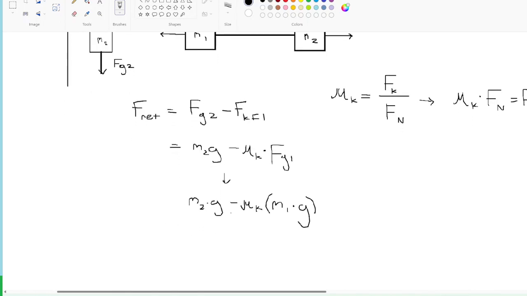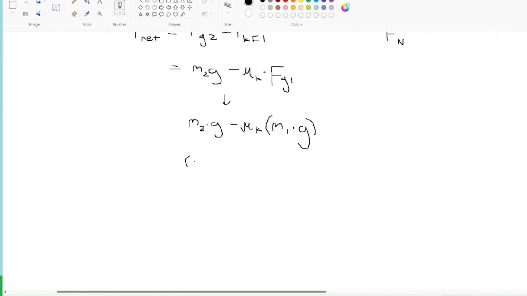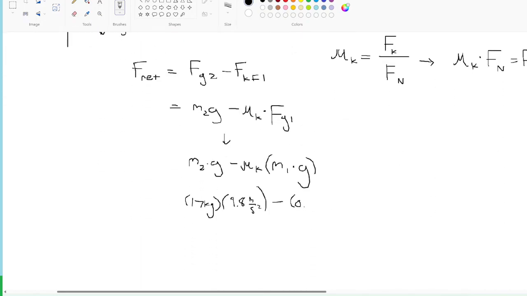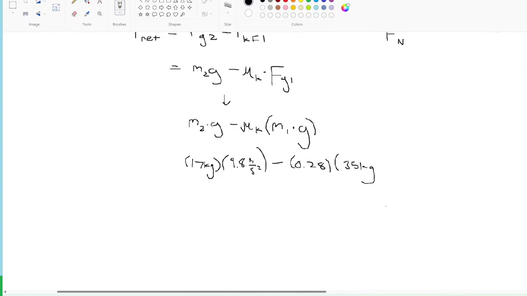And if we put in our values, M2 is equal to 17 kilograms, M1 is 35 kilograms. 17 kilograms times 9.8 meters per second squared minus 0.28 times M1, which is 35 kilograms, times 9.8 meters per second squared.